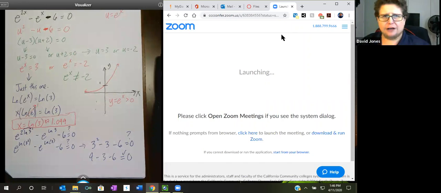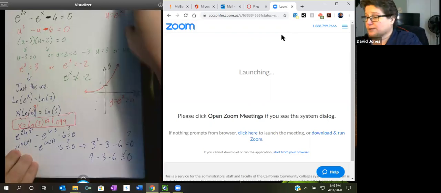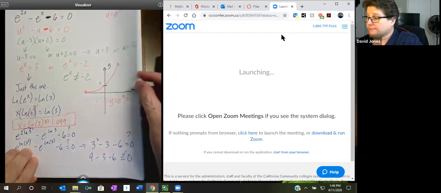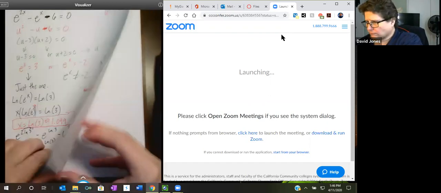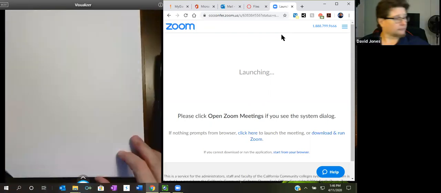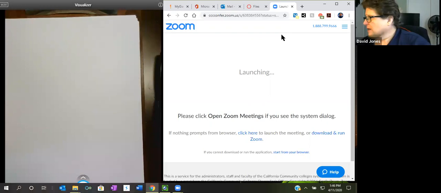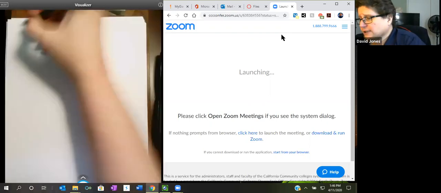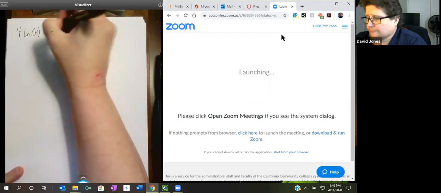That was on how to solve exponential problems. And what we did is we used the logs. We used their inverses. Let's take a look at solving logarithm problems. So let's say we've got 4 times the natural log of x equals 36.